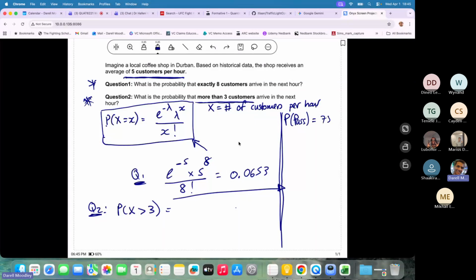You have a 75% chance of passing the exam. So my question to you is, what is the probability that you'll fail the exam? If your probability of passing is 75%, what's your probability of failing?